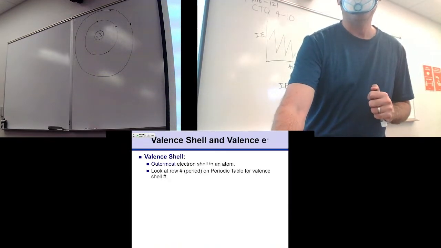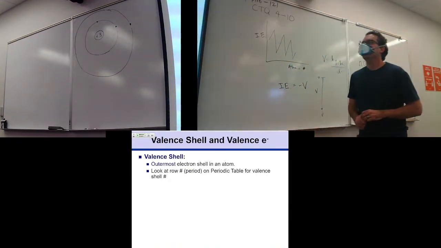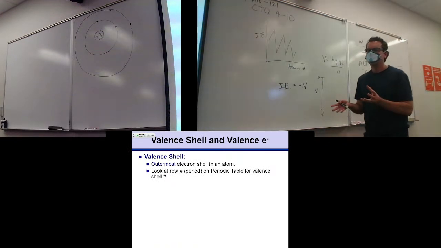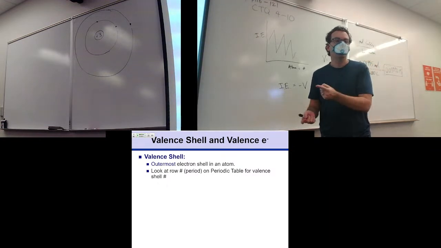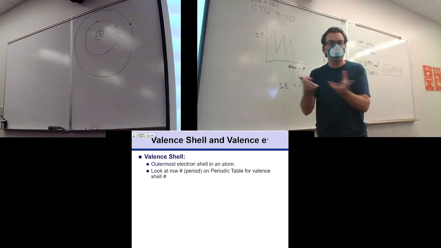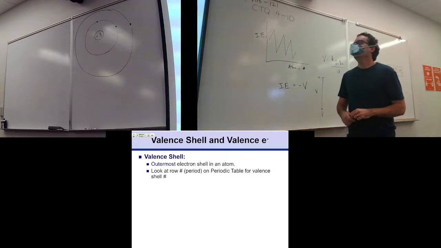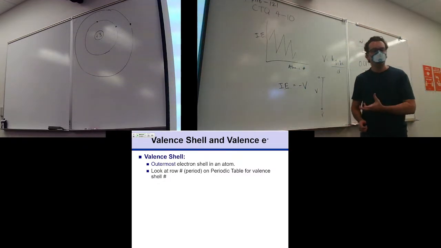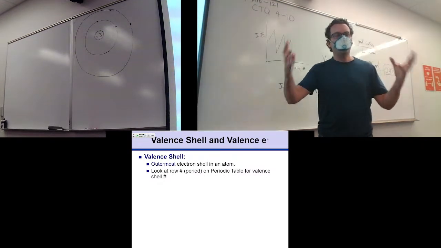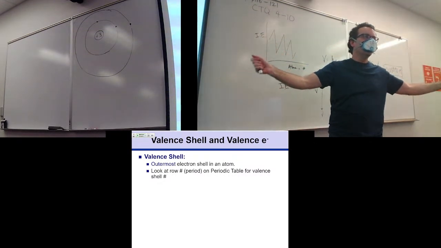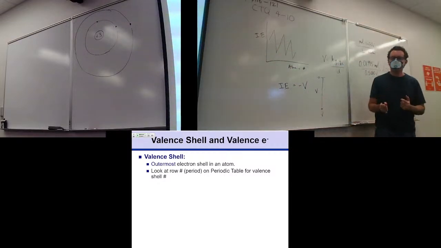So, a couple definitions. When you draw the shell model, the outermost shell, there might be only one shell, but whatever that outermost shell is, that's called the valence shell. It is the most important shell because that is the shell that is facing all the other atoms that it could react with. The valence shell is the most important shell in chemistry.